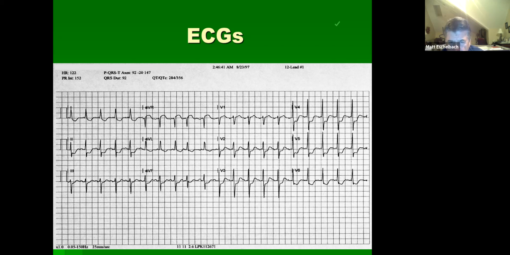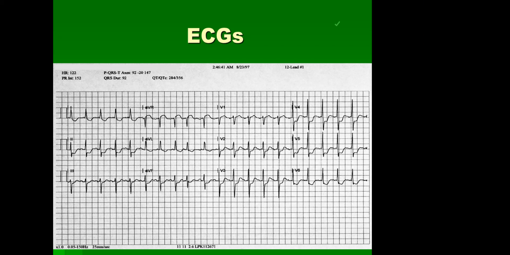You have the depression. AVL, you have the inverted T waves. 5 and 6, you definitely have depression. 2, depression. 3 looks relatively normal, a little bit of depression. And depression in AVF.